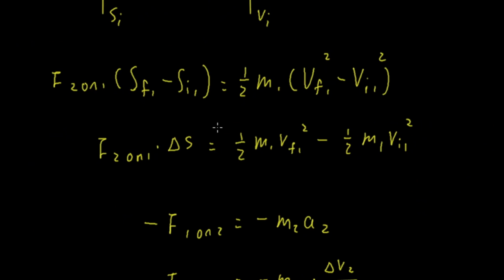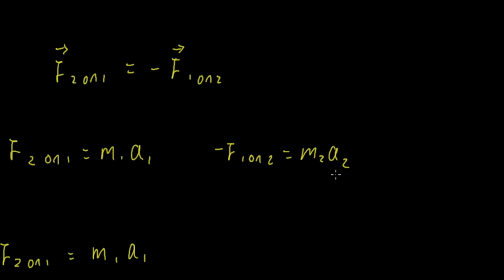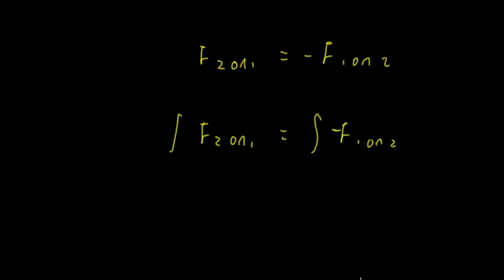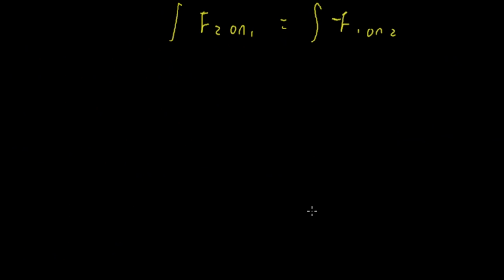It's this one here. So we can write this as half m1 v final 1 squared minus half m1 v initial 1 squared.